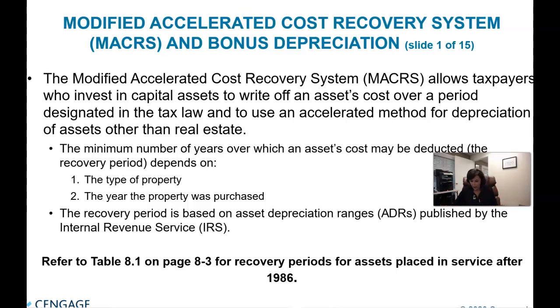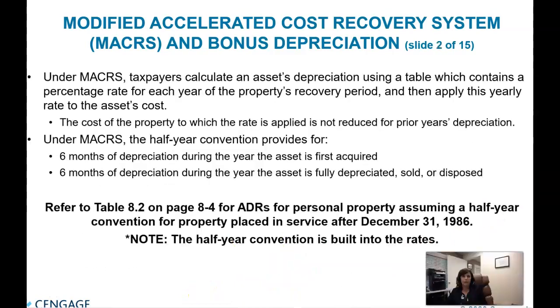If you look at table 8.1 in your textbook, you will see, for example, 5-year property. We have cars, light trucks, office machinery, computers, things of that nature. Those have a 5-year cost recovery period, and there are other examples there as well.